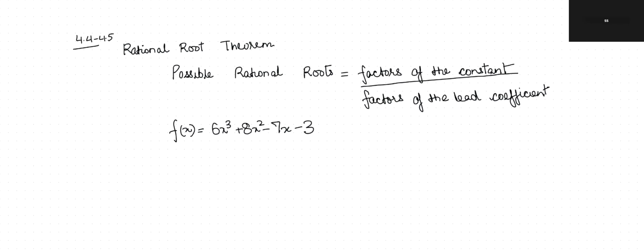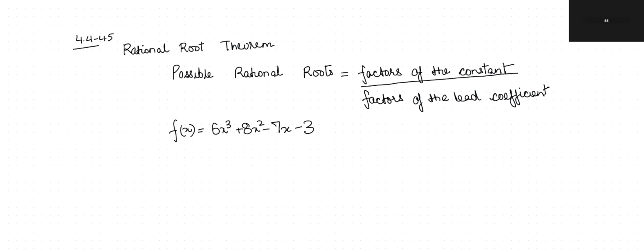So the possible rational roots for a polynomial, when we are not able to factorize it, what we should try is finding the possible rational roots, which is the ratio of the factors of the constant term divided by the factors of the leading coefficient, like this.